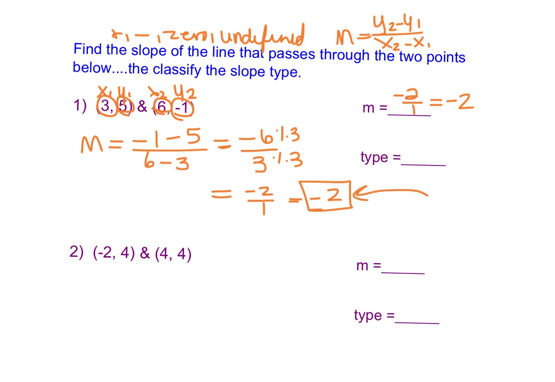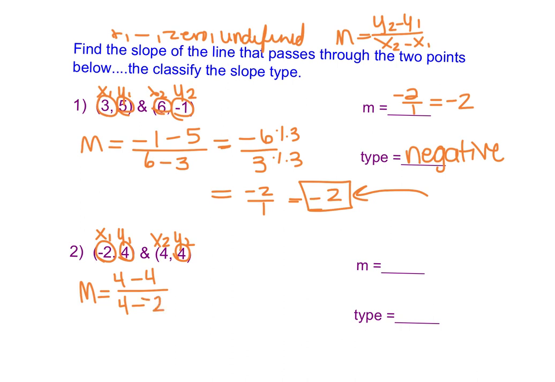Then from here we need to classify it by type. And because this is a negative number, I know that this is a negative type of slope. Then from here, if I move on to number 2, again I start off the same way, x1, y1, x2, y2. So then from here we're going to take our slope equation and substitute in the values. So y2 is 4 minus y1, which is 4, divided by x2, which is 4, minus x1, which is negative 2.